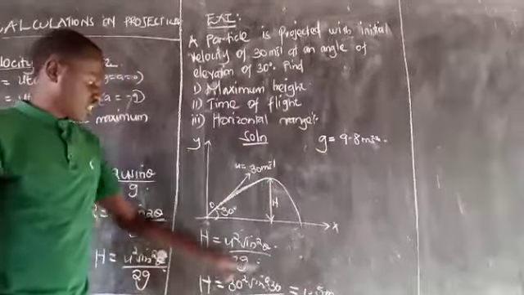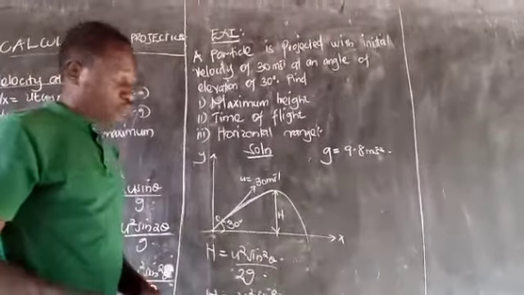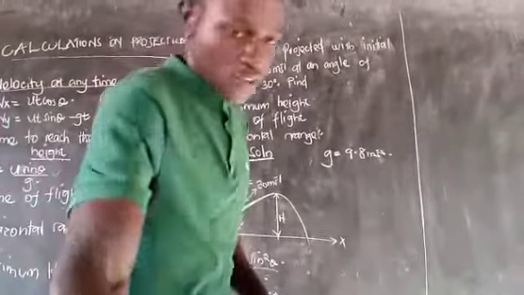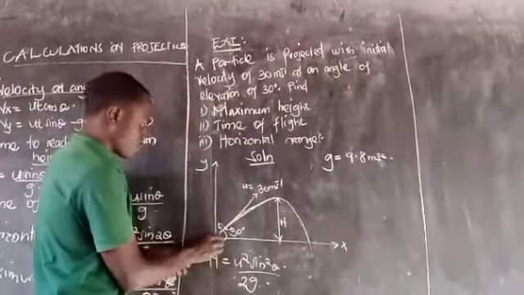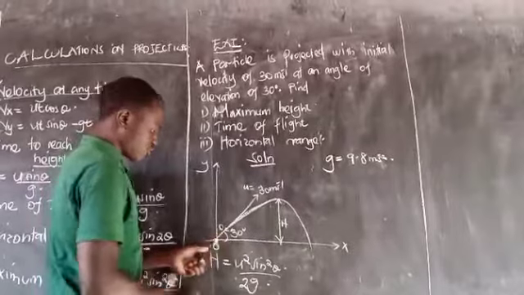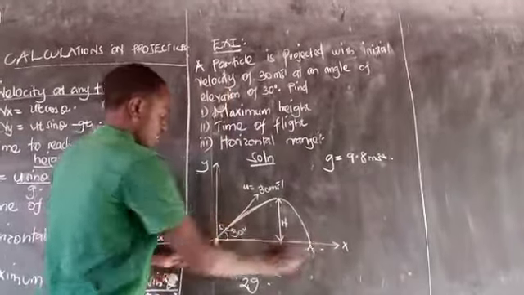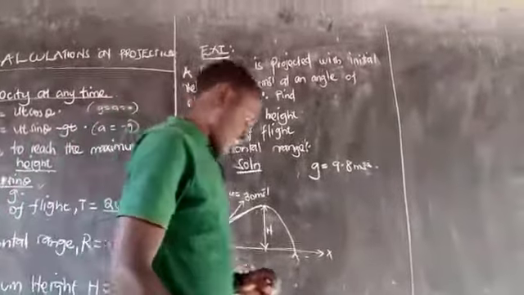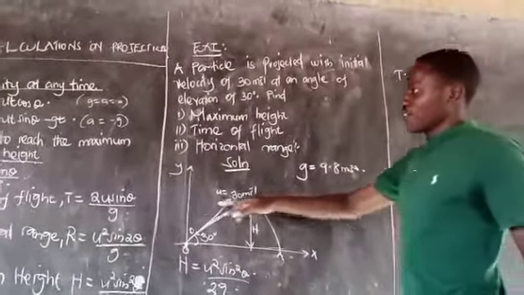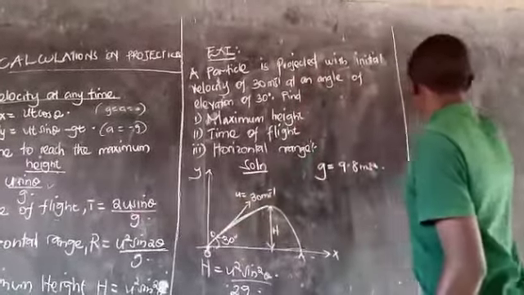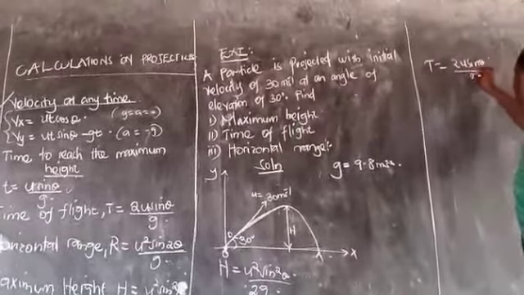So, Roman number 2 is asking us to compute the time of flight. The time of flight is the time taken for this particle to move from the initial point of projection to the same horizontal plane through the point of projection. And we say the time of flight t is got from the expression 2u sine theta divided by g.